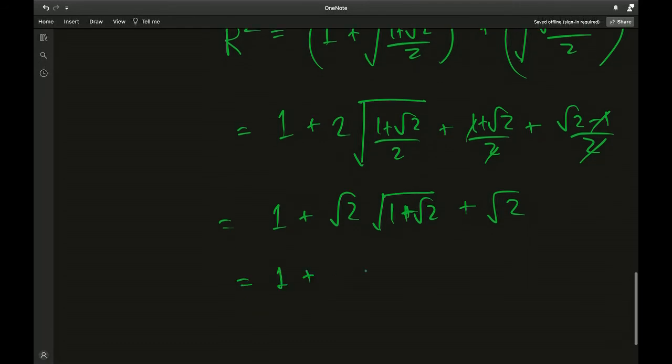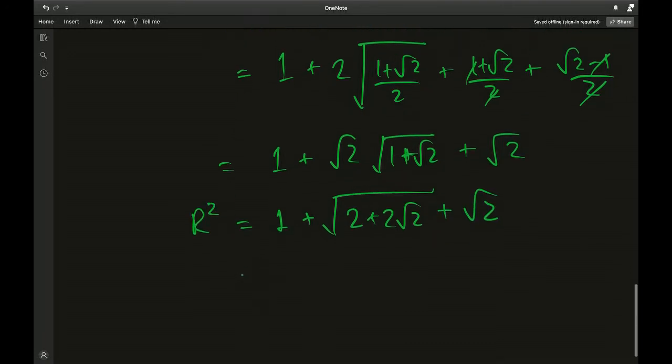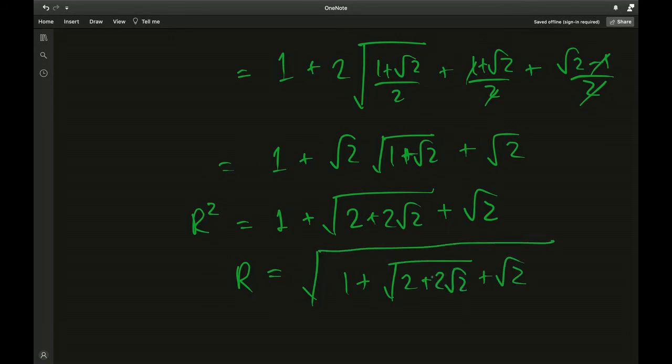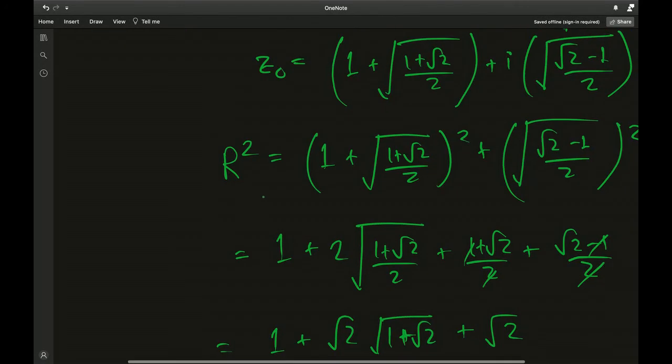We have 1 plus square root of 2 plus 2 root (1 plus root 2) plus root 2, that is your r squared. You can probably take the square root, that's r. I just keep messing up my notation.